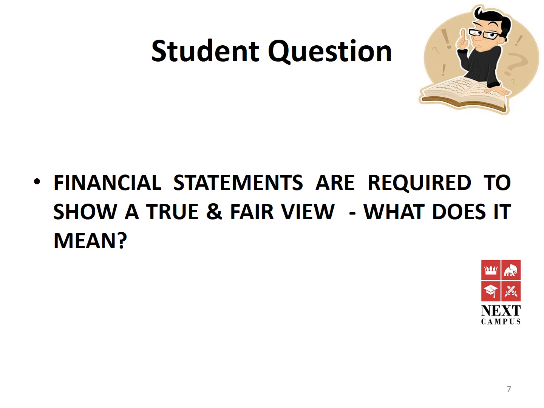And the other one, financial statements should be fair, should have a fair view of the business. So what is this fair view? Fair view means financial statements should be unbiased, not biased towards anyone. They should not be biased towards the management, the shareholders, or the employees. They should be fair, objective financial statements.